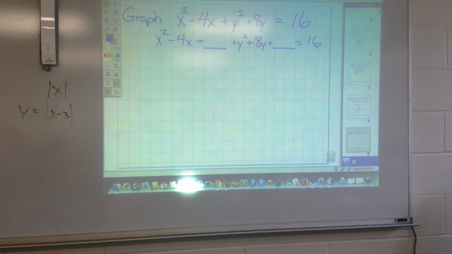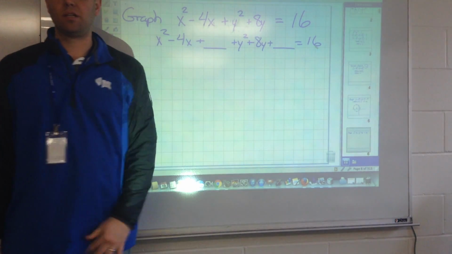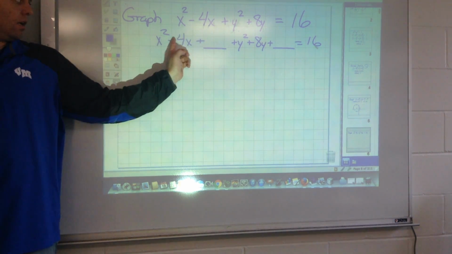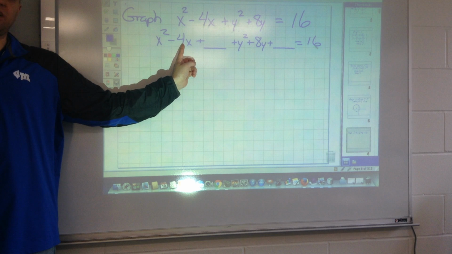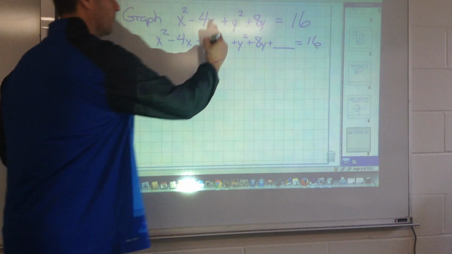Okay? Basically what we're going to do is add some numbers to make these become perfect squares. What I do is I use this 4, I cut it in half, so 2, and square it, and I get 4.